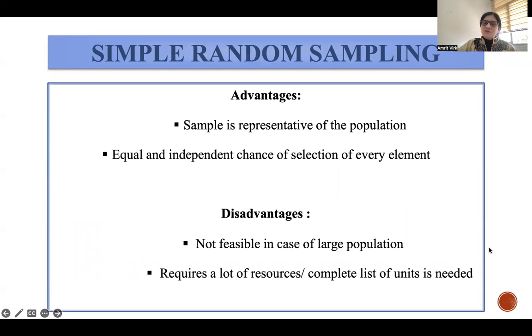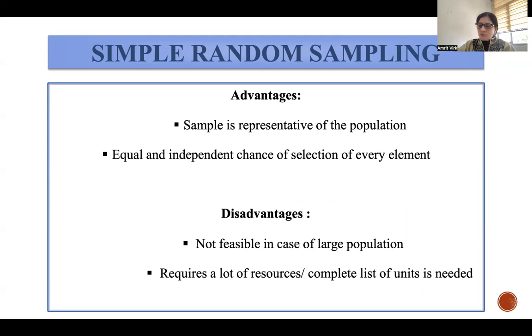If we look at the advantages of simple random sampling, we need to remember that the biggest advantage of the SRS method is that the sample is representative of the population, and every element gets an equal and independent chance of selection into the sample. However, this method is again not devoid of disadvantages.